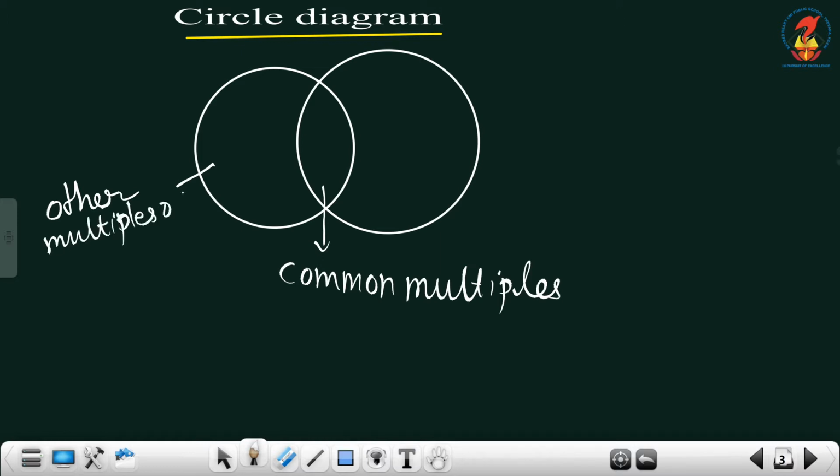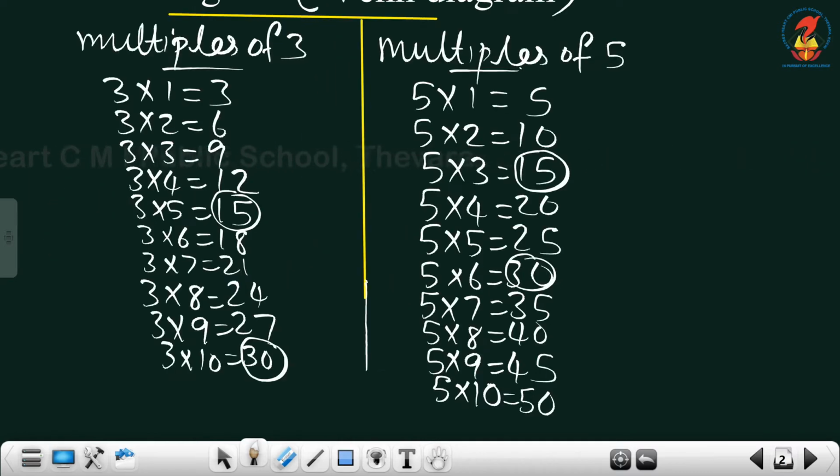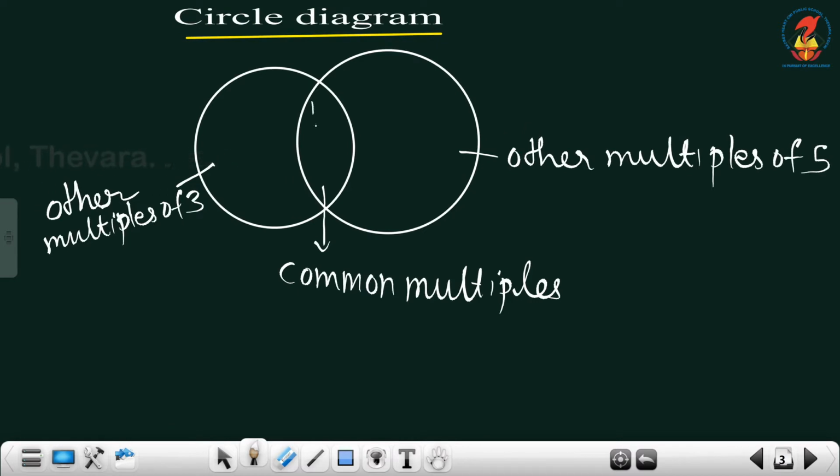Multiples of 3. And here you need to write other multiples of 5. And I can check which are the common multiples. I got it here, 15 and 30, right? First I need to write 15 and 30 in the common region.